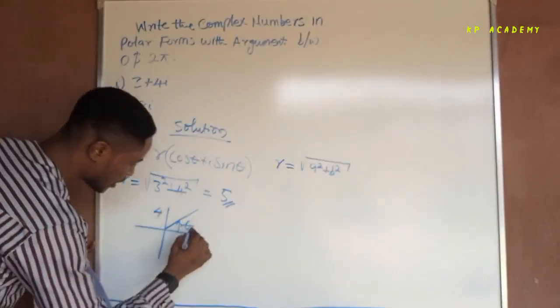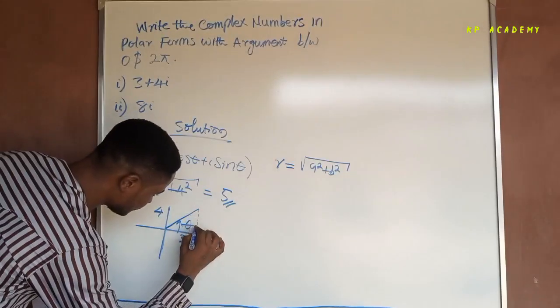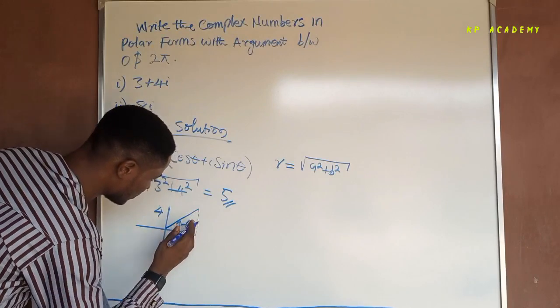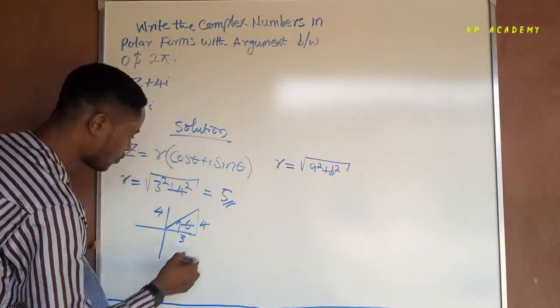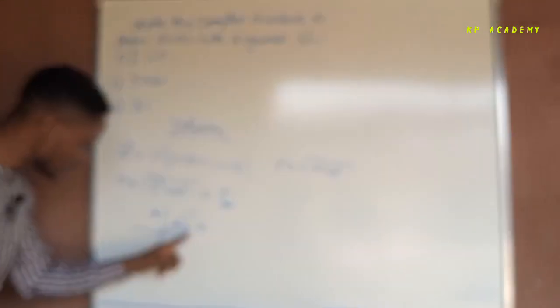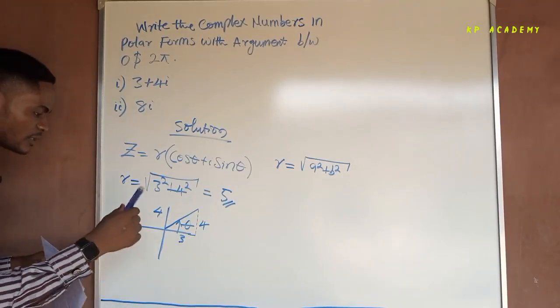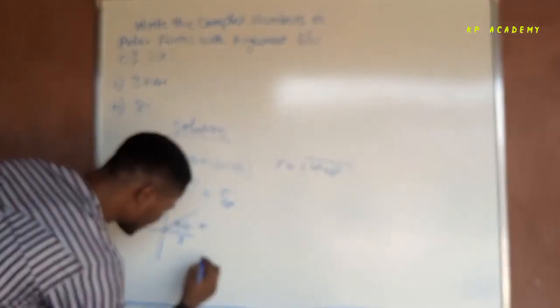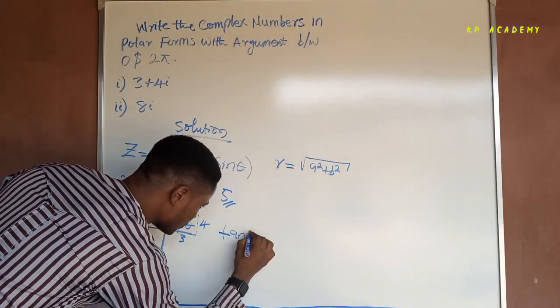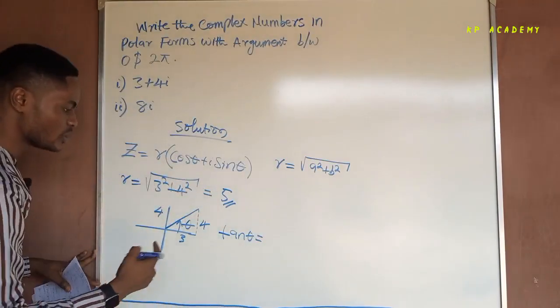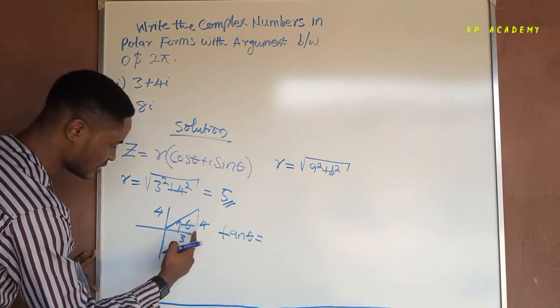Now we're going to enclose this, such that here again is also 4. Now, this angle theta you see here is nothing but the argument we are looking for. And we can use the angle formula that says tan theta is nothing but opposite over adjacent. And of course, this is the opposite, this is the adjacent.